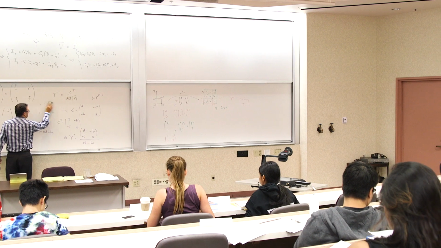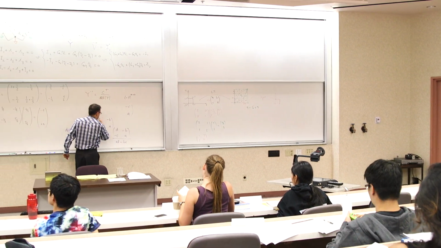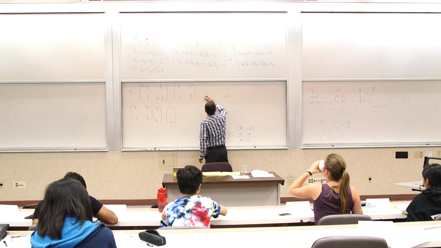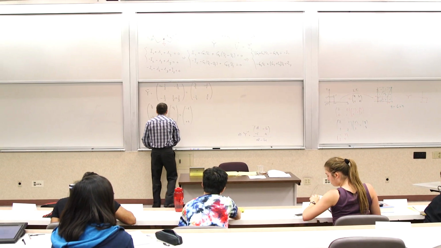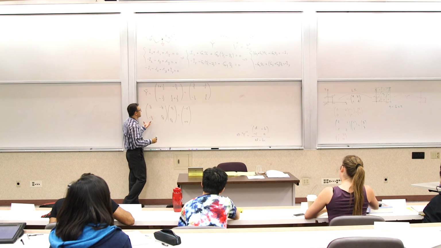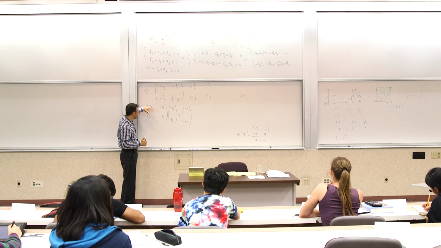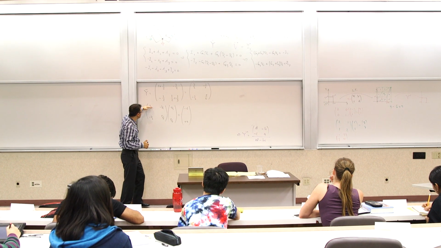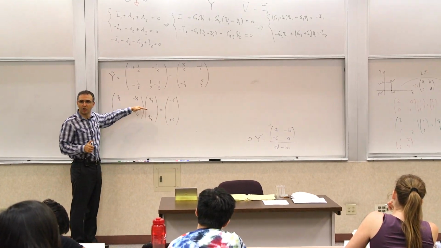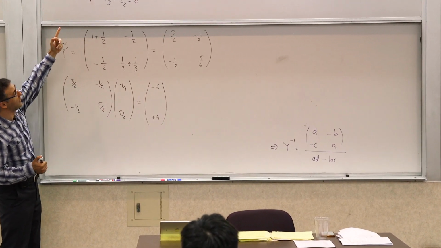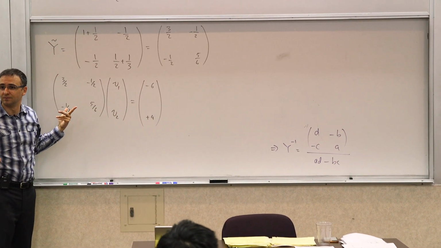Let me just delete this stuff. Now we want to solve this. If you have a matrix equation like this, sometimes it's easier to multiply each row by a separate number, and nothing will change, because essentially you're multiplying both sides of one of those equations by the same number.